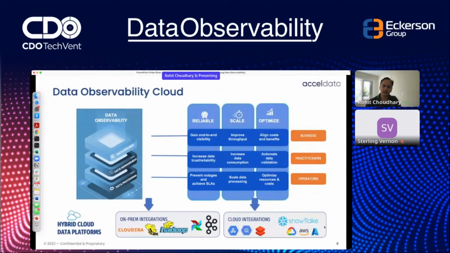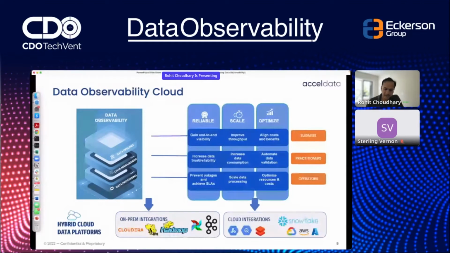So what do we do, and what does the Data Observability Cloud really mean? We just announced the GA of the Data Observability Cloud earlier this week, and it's been an effort of several years of hard work and recognition of the complexity that exists in this data ecosystem, working with several customers and large partners.